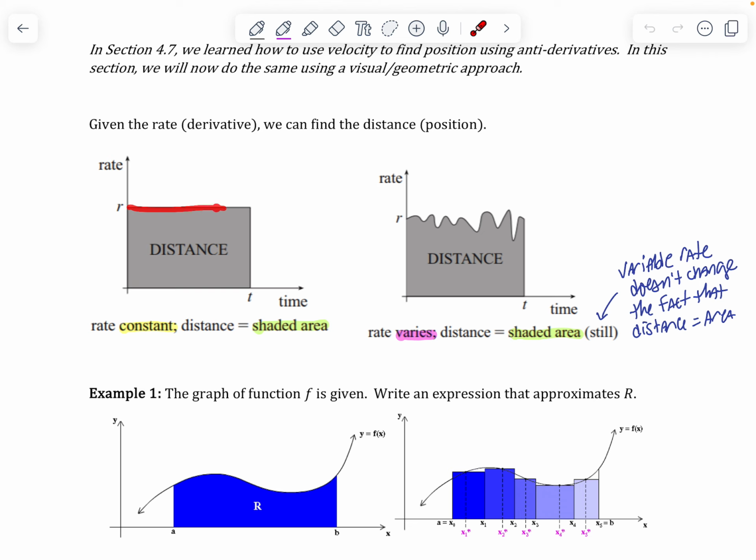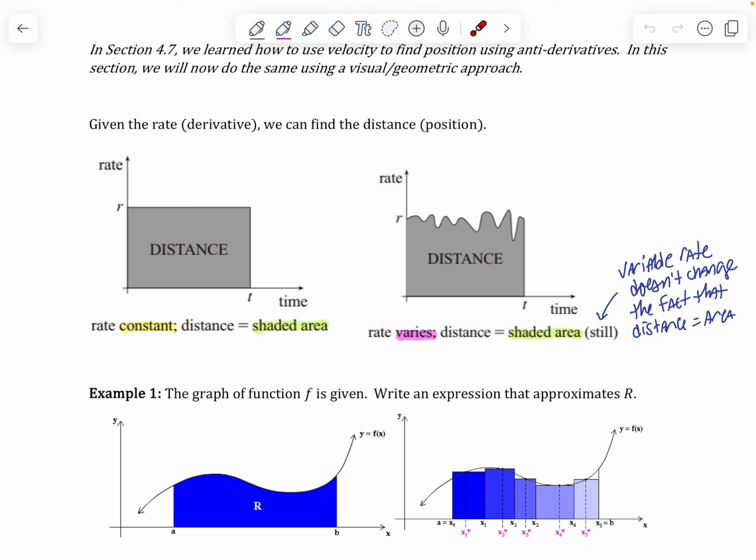As time moves on, the rate in this particular problem is staying constant. Since rate is the distance that we have traveled over time, we have gone t to the right, and it creates this space under the constant rate function.